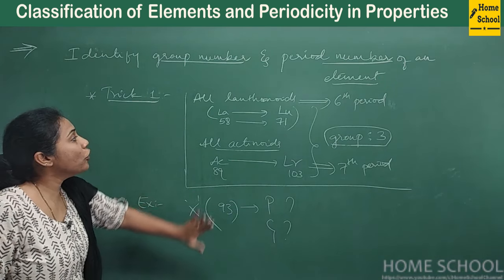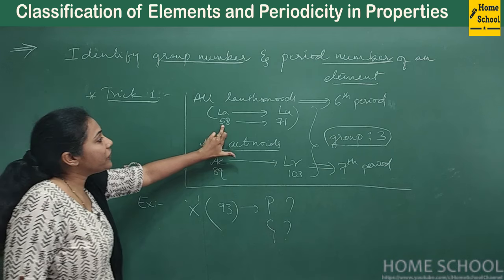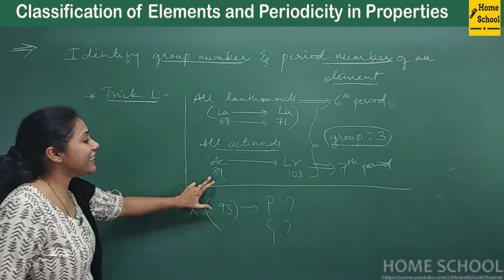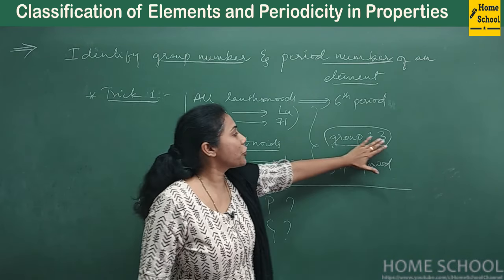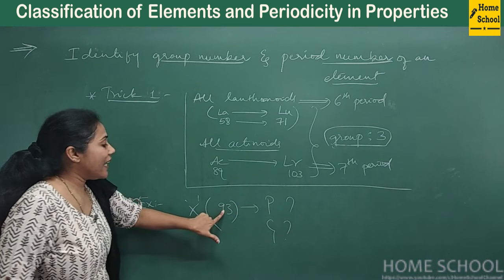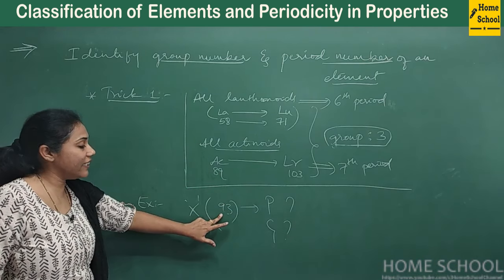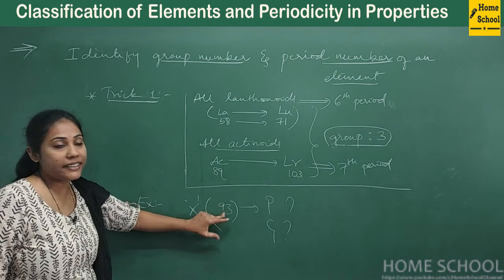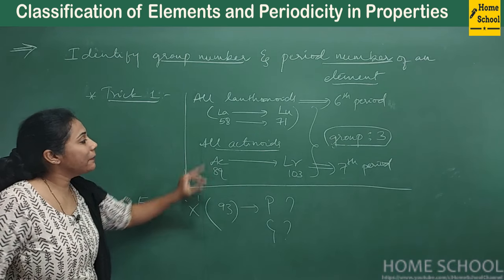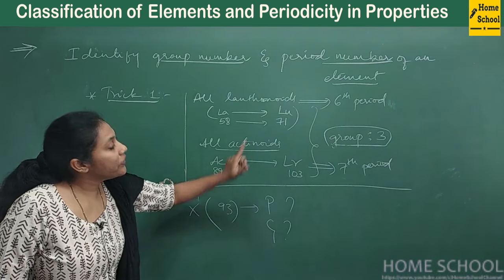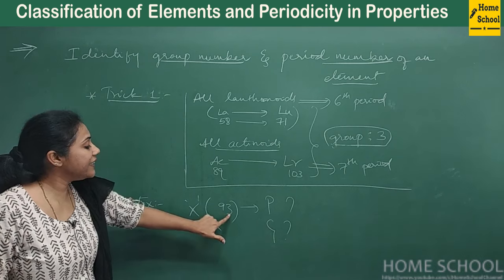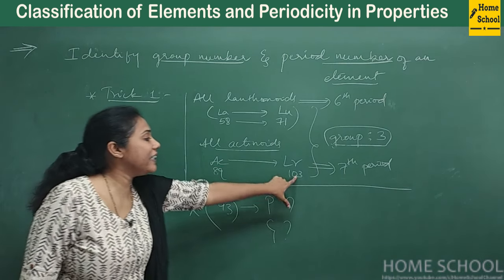So we know atomic numbers 58 to 71 and 89 to 103 come in which group? Group number 3. Say 93 will come somewhere here, right? So atomic number 93 is one of the actinoids, right? So 93 comes between 89 and 103.